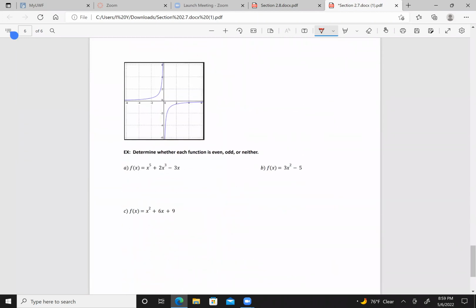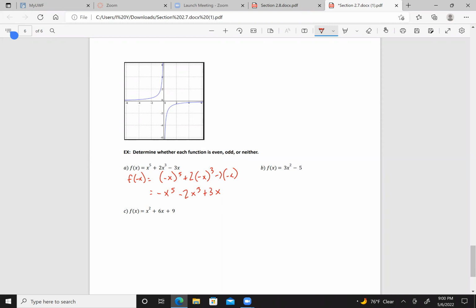So that gives me f of negative x, which is negative x to the 5th plus 2 times negative x to the 3rd minus 3 times negative x, which is negative of x to the 5th minus 2x to the 3rd plus 3x. That is not the same equation.